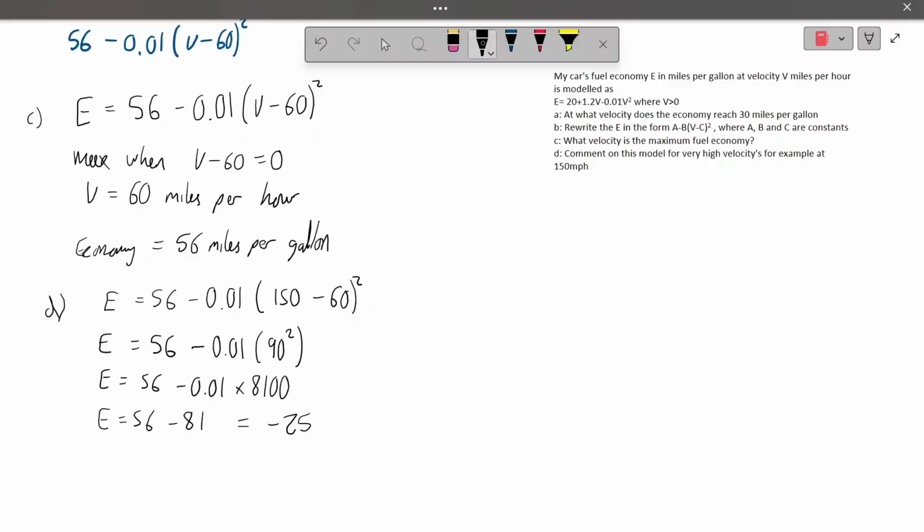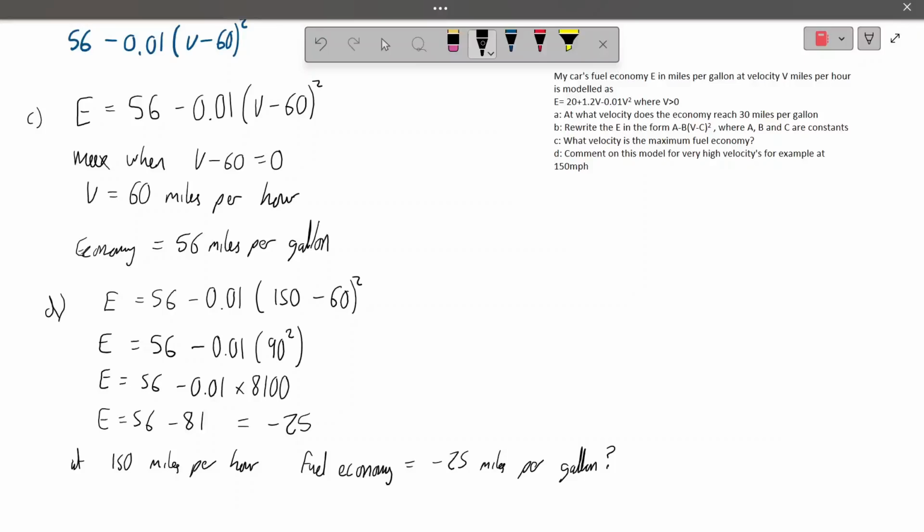So at 150 miles per hour, fuel economy equals minus 25 miles per gallon. Well, that doesn't make sense.